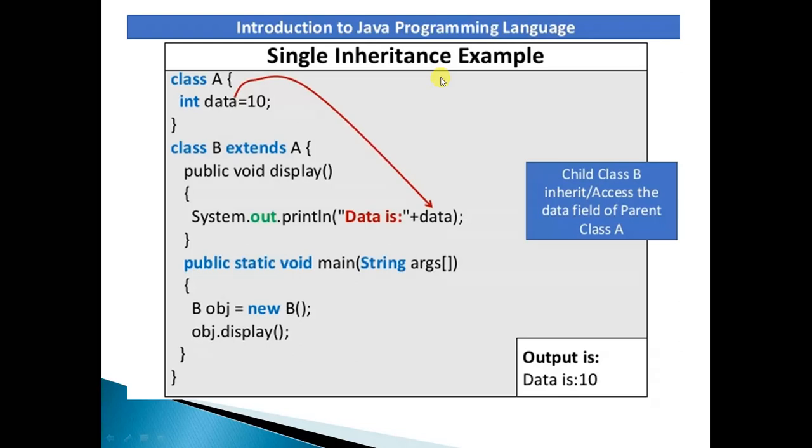Now a simple example in Java programming, how to implement this. We have taken one class A, and in that, data is a variable which has the value 10.